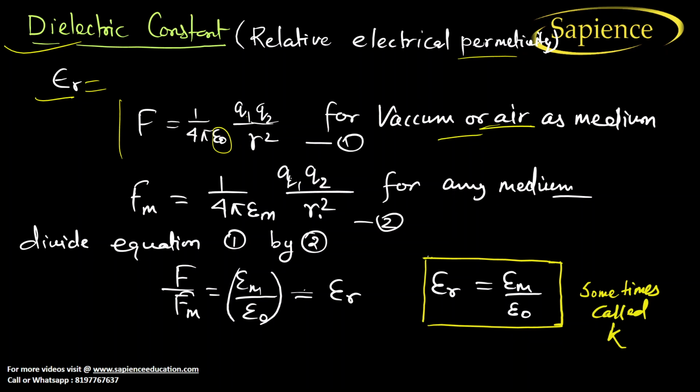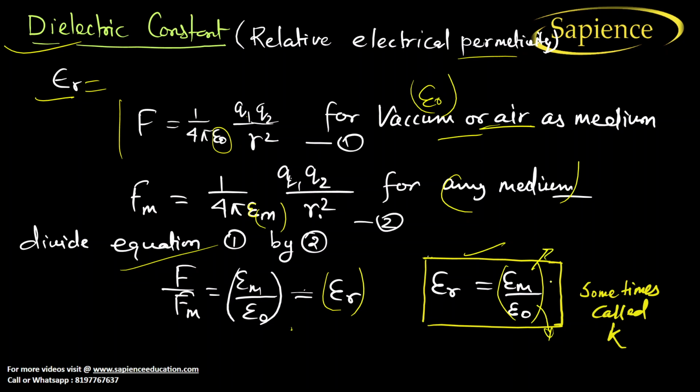In air or vacuum the permittivity is epsilon naught, but as soon as any other medium comes, the permittivity becomes epsilon medium. If we divide these equations, we get epsilon m by epsilon naught, which is known as relative permittivity. It means the permittivity compared with air or vacuum.